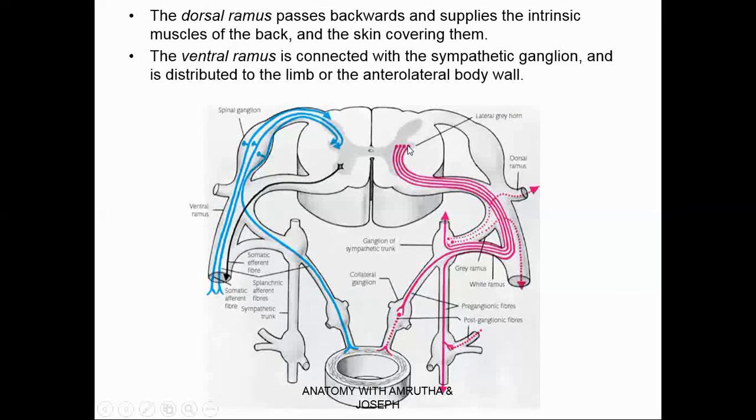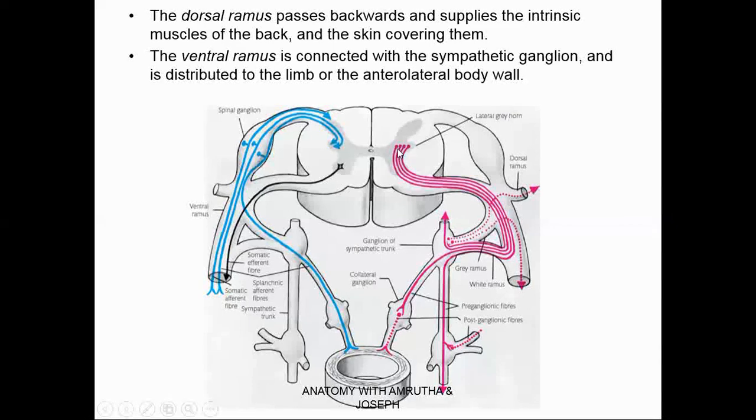The collection of neurons related to the sympathetic system is seen only in the thoracic and lumbar region. I'm talking about these preganglionic neurons, which connect the central nervous system to the sympathetic chain.